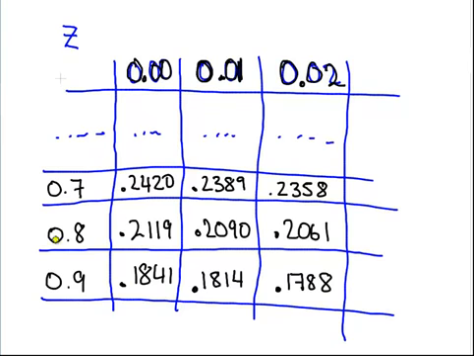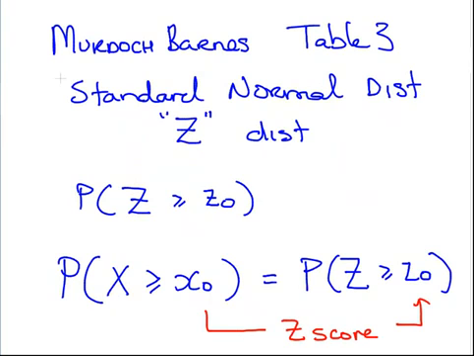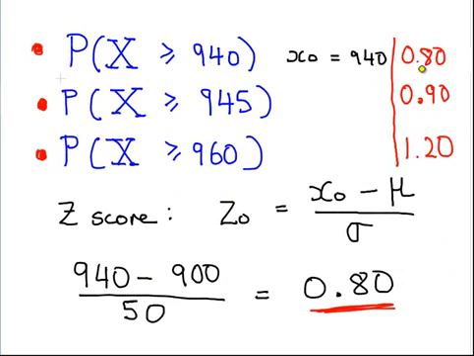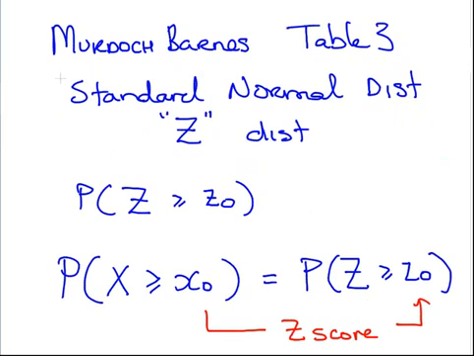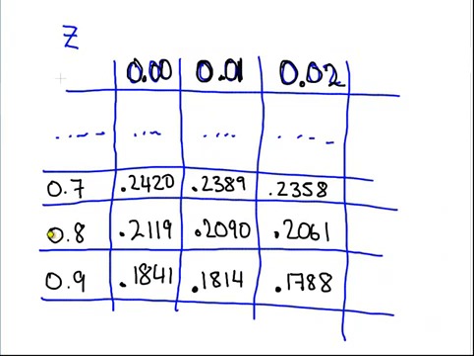The first question we're looking for: the z-score is 0.80. So 0.8, and we go to column 0.00. The value we're looking for there is 0.2119.